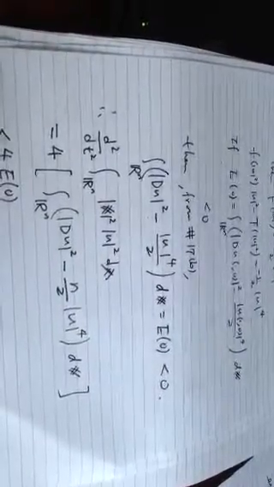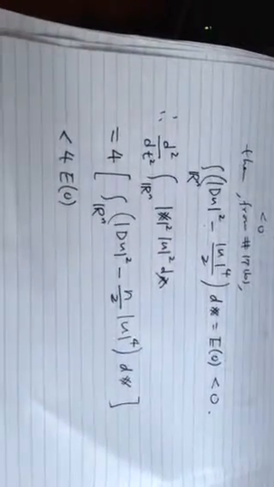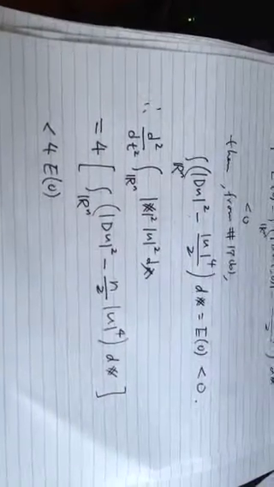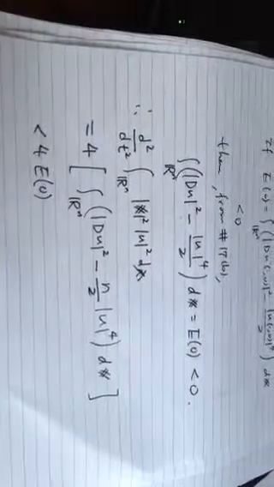Now, if E of 0 is negative, then from number 17b, the integral of gradient u squared minus u to the 4th over 2 dx is equal to E of 0, because that is a constant, conservation of energy, and it is less than 0. So the second derivative in t of the integral of x squared u squared is less than 4 times E of 0. Keep in mind, E of 0 is a negative number.